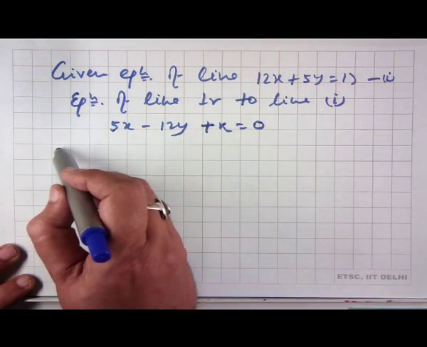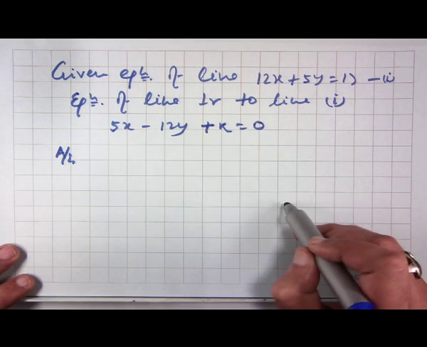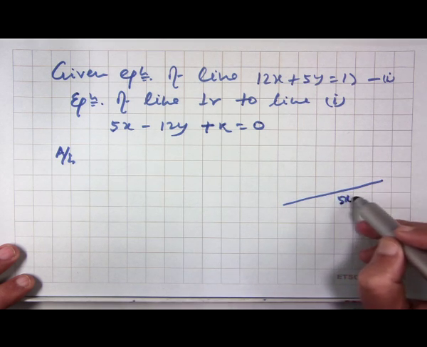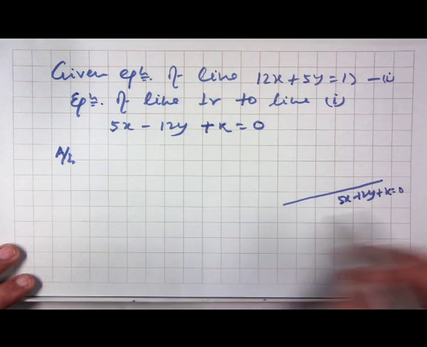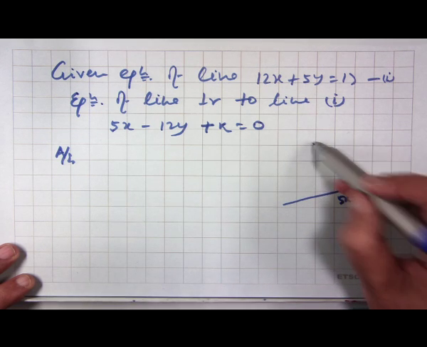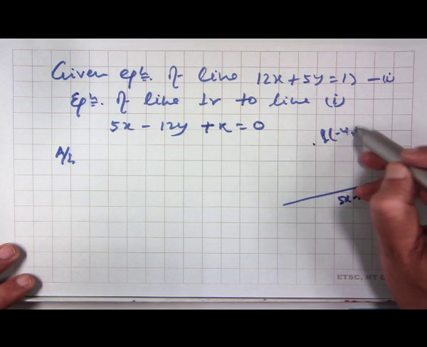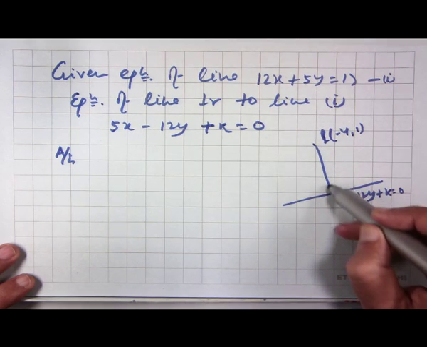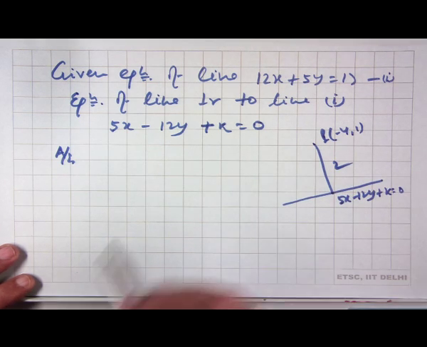According to the question, say this is the line 5x − 12y + k = 0, and a point P(−4, 1) is given, and the distance of this point P from this line is 2 units.